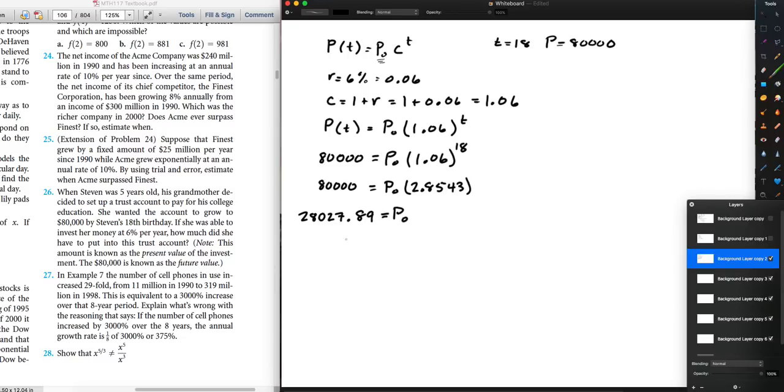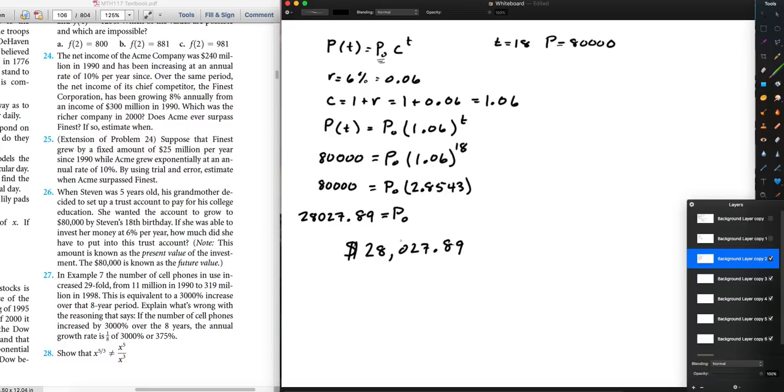I am rounding this to 2 decimal places because this is money. So the initial amount that she'll have to put in her account, in dollars and cents, is $28,027.89.